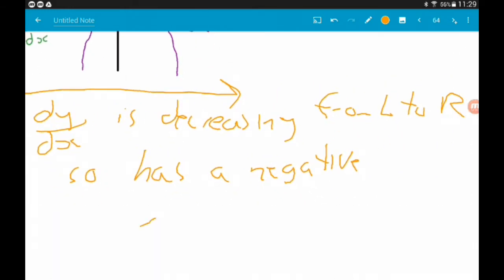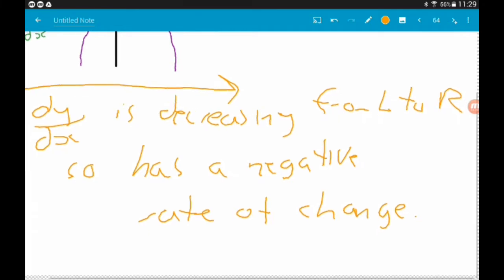So it has a negative rate of change. Now remember, that is a negative rate of change of the gradient.